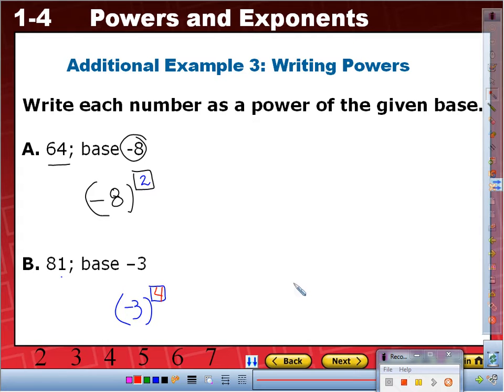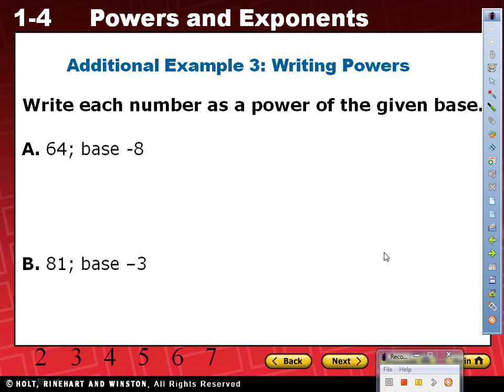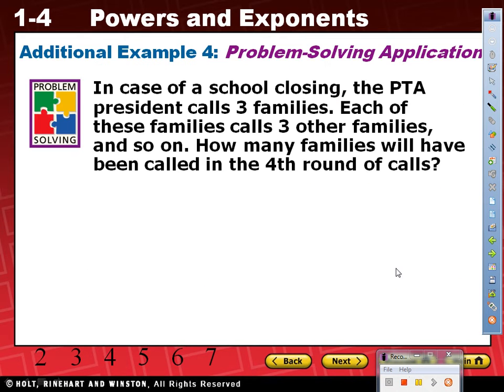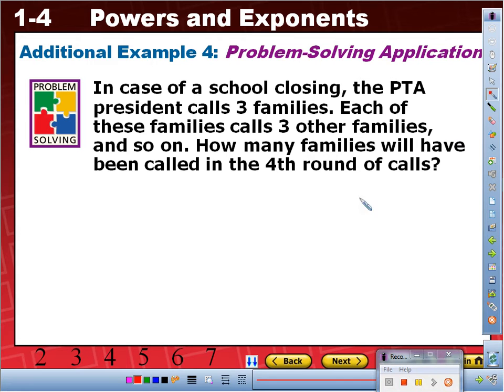And the last one, so that you have an example of the next one. Give me a second. How about this one? Check this out. It says, in case of a school closing, the PTA president calls 3 families. Each of these families calls 3 families, and so on and so forth.